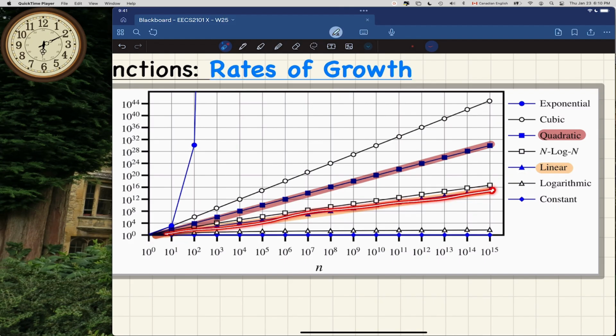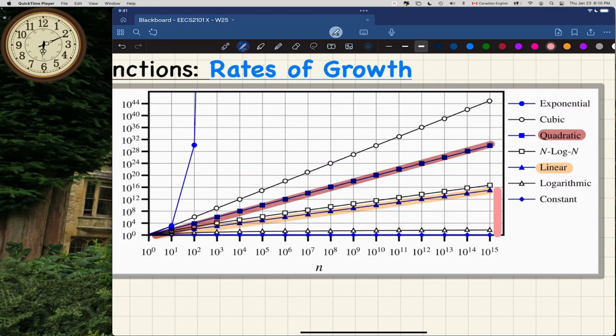This particular family of big O of n is going to include just this line itself, and also everything below. That includes logarithmic and also constant. I'm going to write it down. So I'm going to start from here all the way to over here.